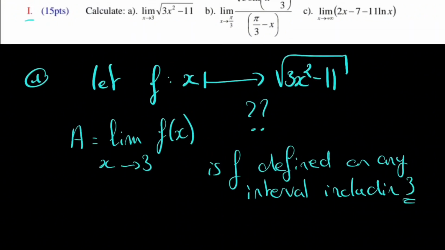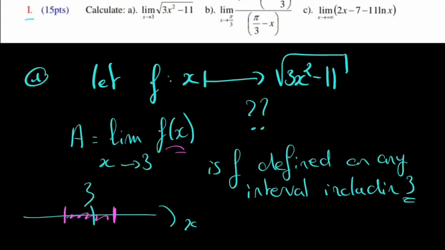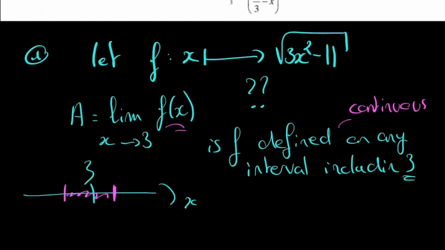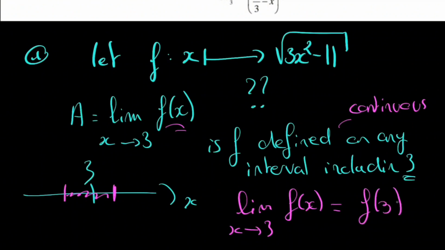Because if f is defined on any interval around 3 and is continuous, if we are in this kind of condition, the limit of f of x when x tends to 3 would be f of 3. So are we in this case?